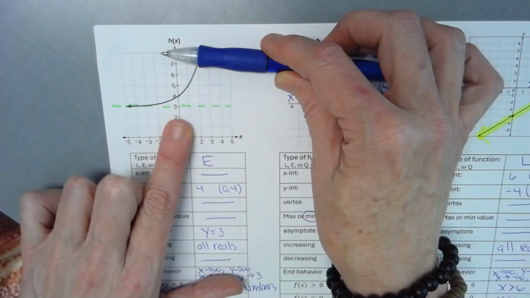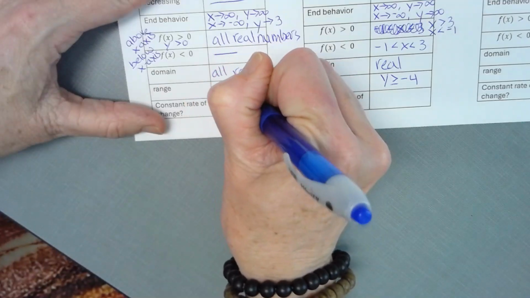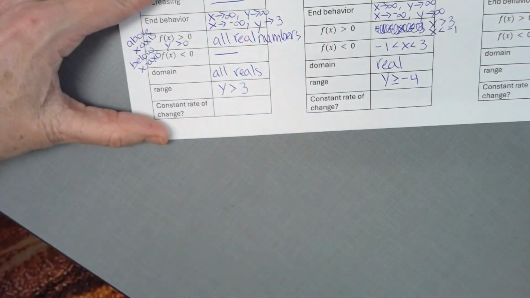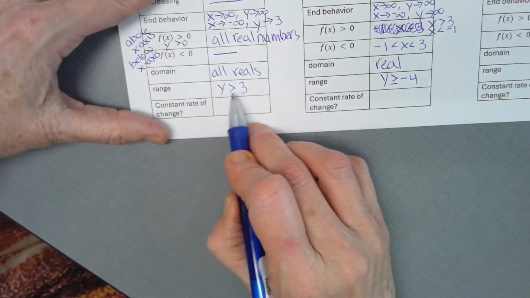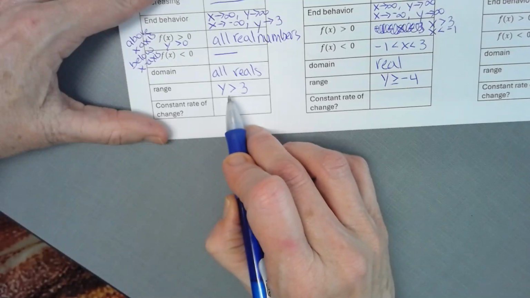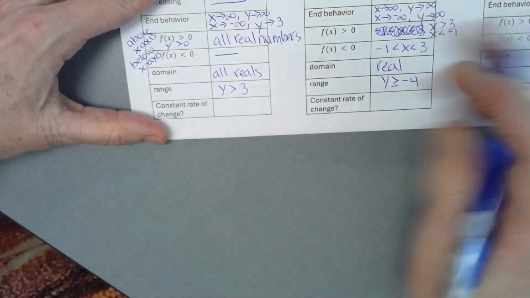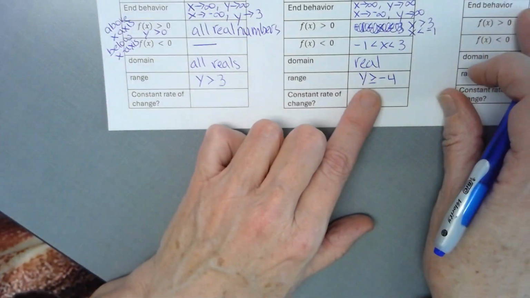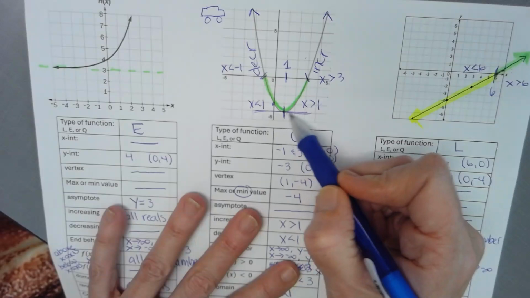It's everything above the 3. So how do I write that? I write y is greater than 3. Why am I not using an equal to bar here? Because with an asymptote, it will never touch the 3. Why am I using an equal to bar here? Because this curve literally touches the -4.